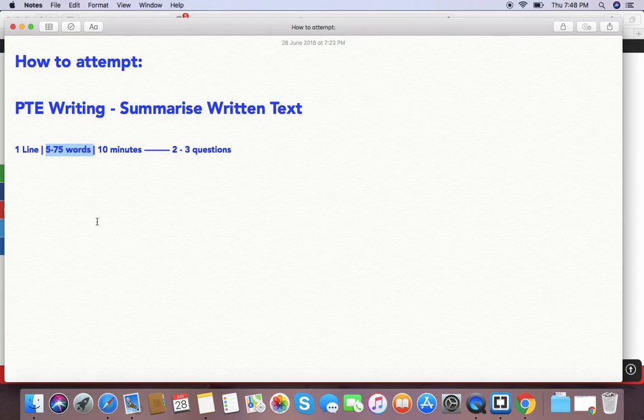So 50 to 70 is ideal. I like to keep it somewhere around 60. And the very, very important part: it has to be one line. One grammatically correct line. So don't use and, comma repeatedly.